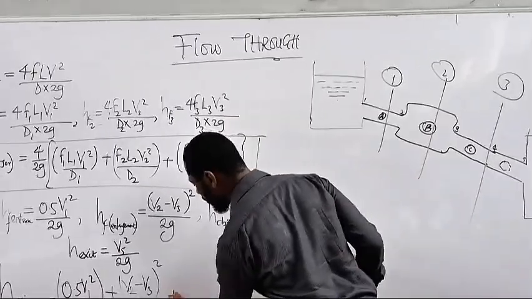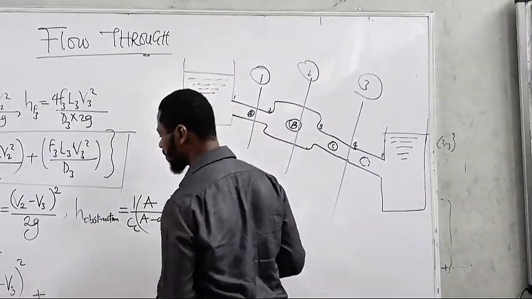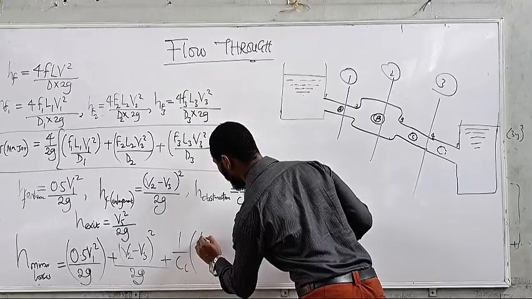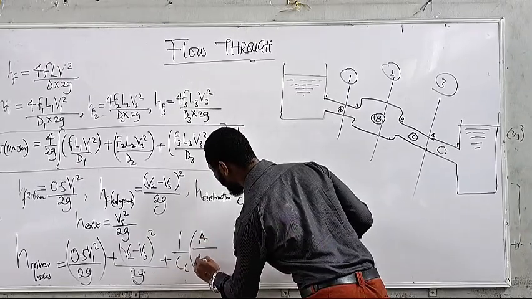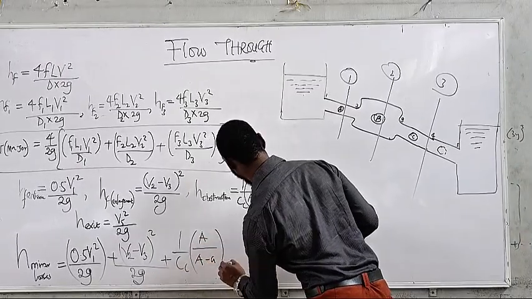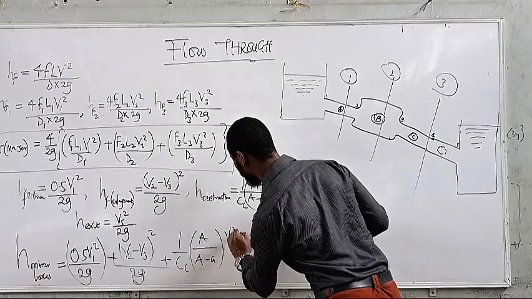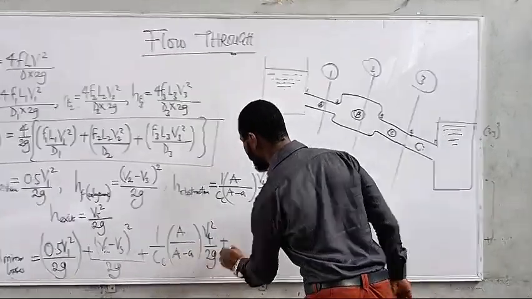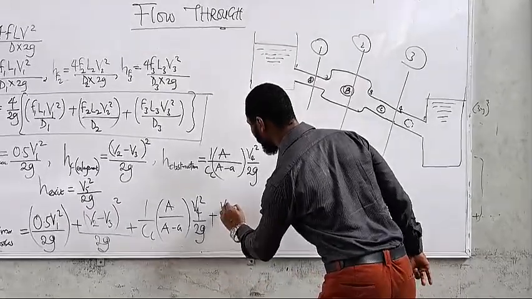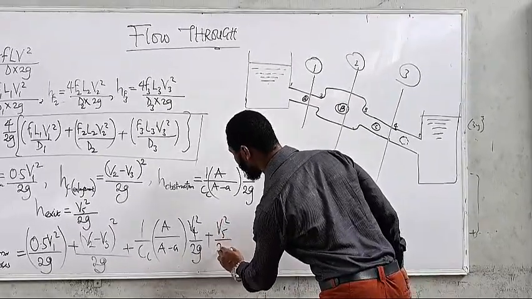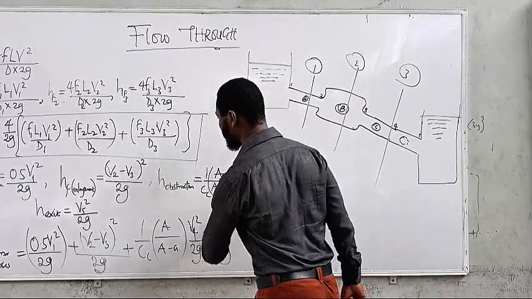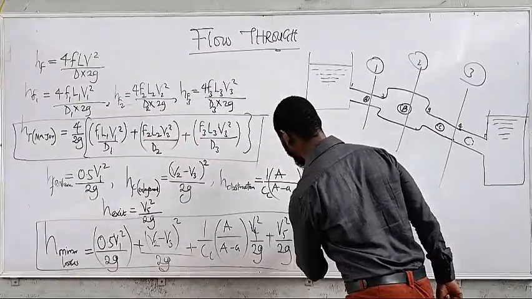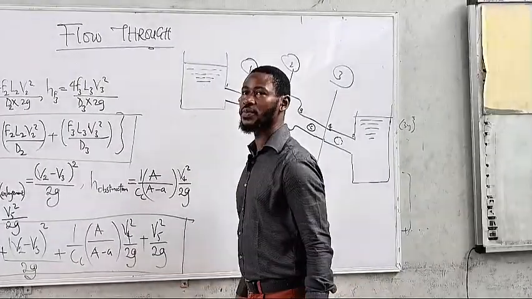When there is an obstruction in the pipe, we have 1 over the coefficient of contraction, A over capital A minus small a, V4 squared over 2g, and at the exit level, V5 squared over 2g. So this is the total minor head losses that occur in the pipe.